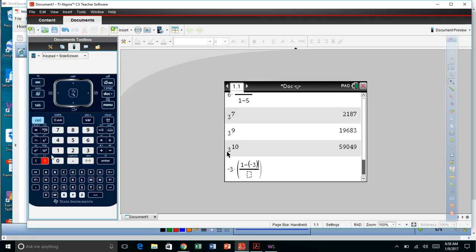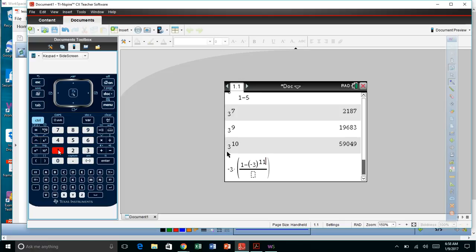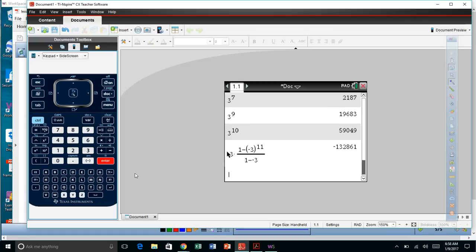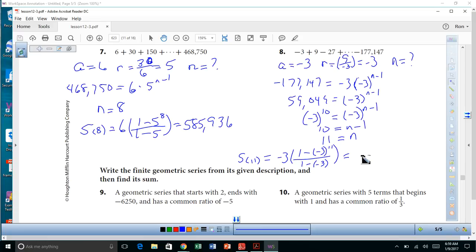You got to make sure you put that in parentheses. Caret 11 over 1 minus -3. And I get -132,861. All right, not too shabby.